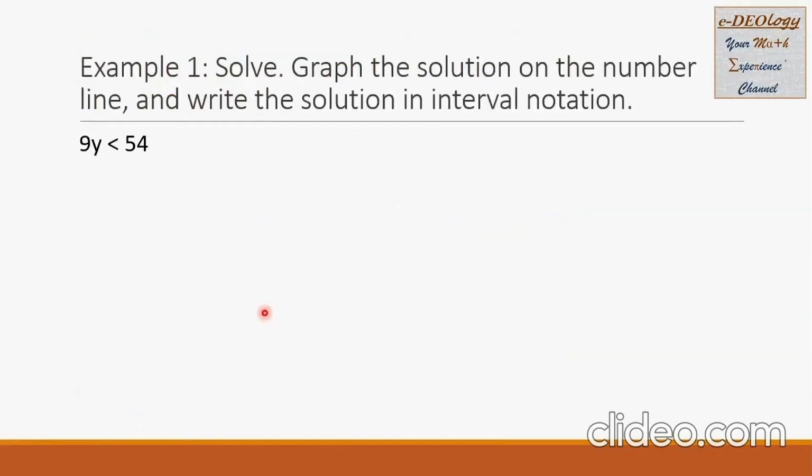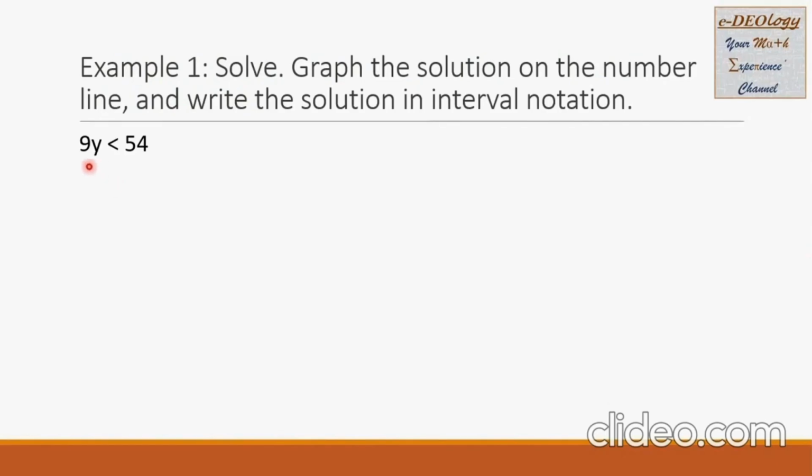Let us solve now some examples. This is example 1. Solve the inequality, graph the solution on the number line, and write the solution in interval notation. The first example, 9y is less than 54. In here, we want to make the coefficient of y to be 1, so let us divide the inequality by the coefficient of y.